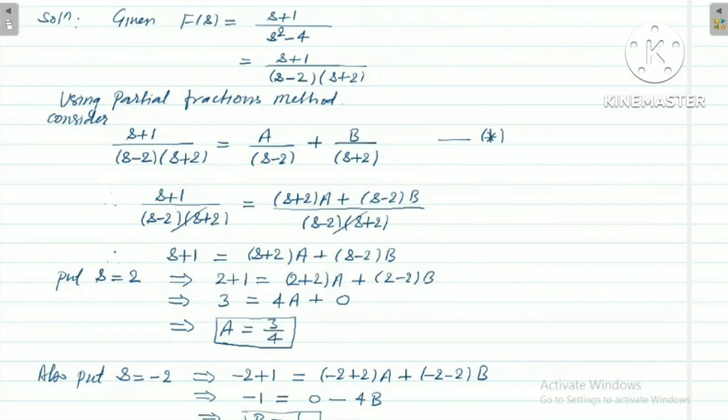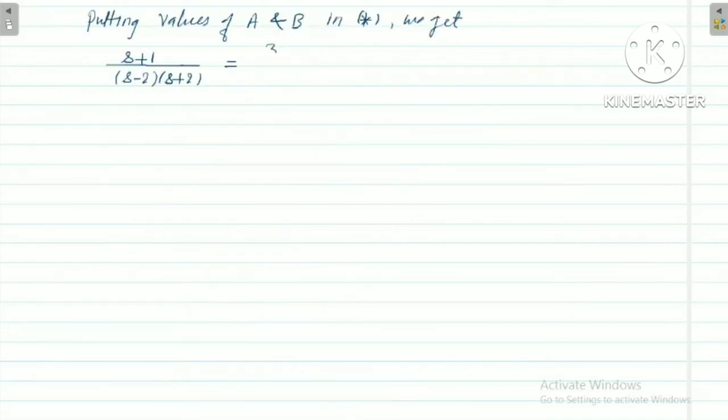A is 3 by 4, divided by the first factor s minus 2, plus b. B is 1 by 4, divided by s plus 2.